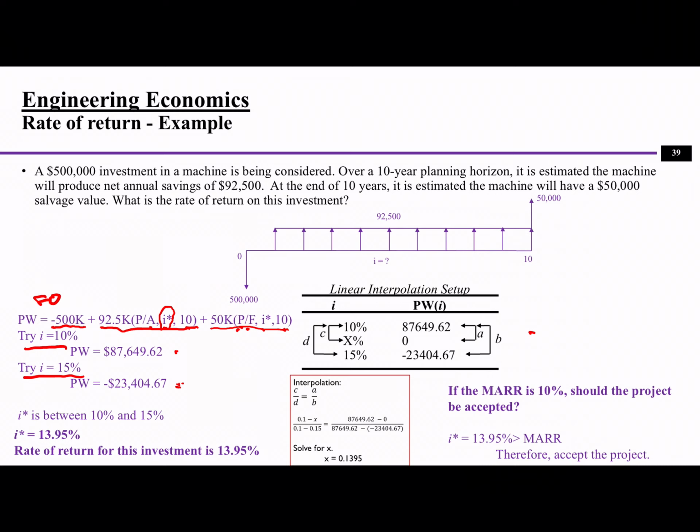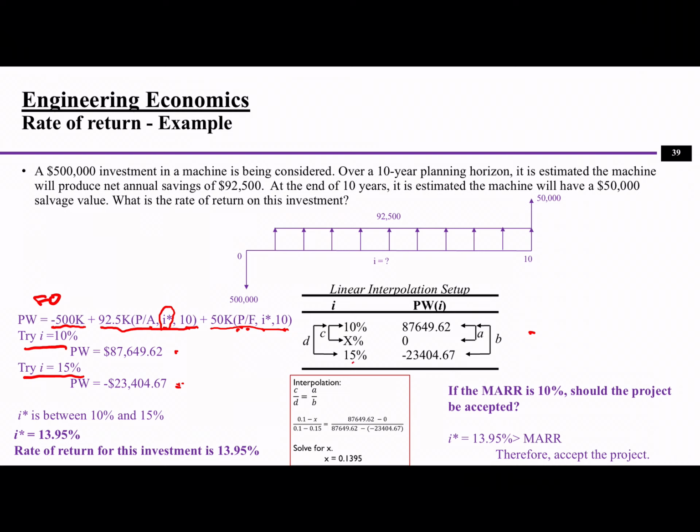And then what we do is use interpolation. We assume that it's x. The rate of return actually lies somewhere in the middle between 10% and 15%. Same, the 0 is somewhere between 87,000 and 23,000. How do we do interpolation?